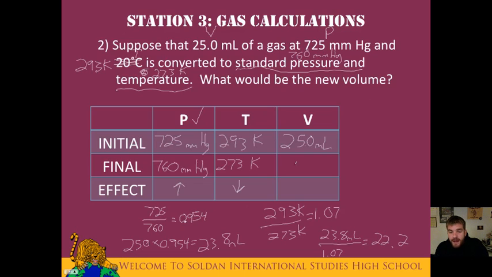And so sure enough, I do see a decrease, which is what I was expecting. So my final volume is 22.2 milliliters, which is an overall decrease. So folks, first take your factor for pressure, find that factor, and you will multiply to see your decrease. Then find your factor for temperature, and you will divide to see your decrease, and you get an overall answer of 22.2 milliliters.